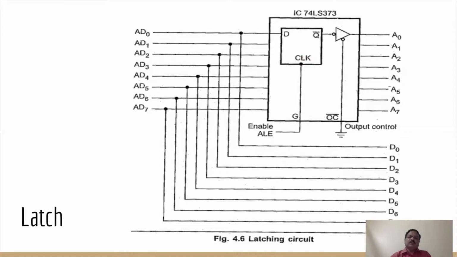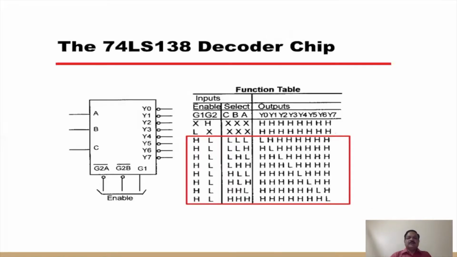Similarly, you need one more interfacing chip, called the decoder. For address decoding, mostly the 74LS138, the 3:8 decoder, is used. You can see that on the screen.